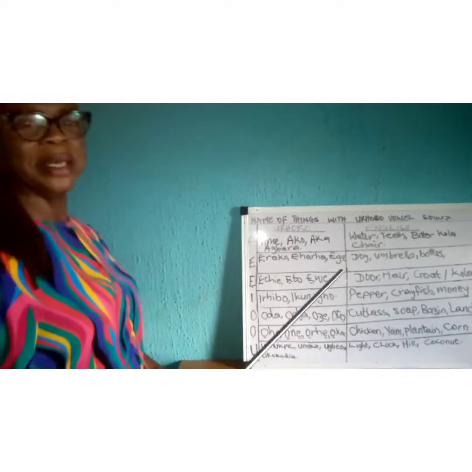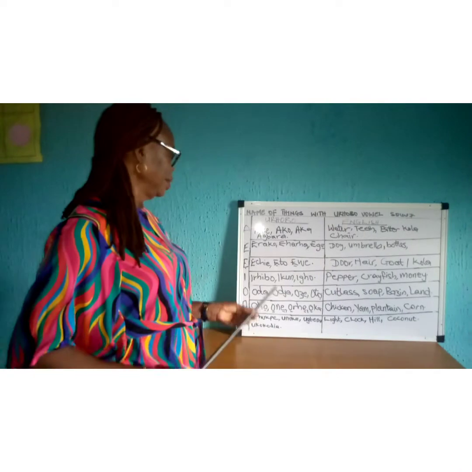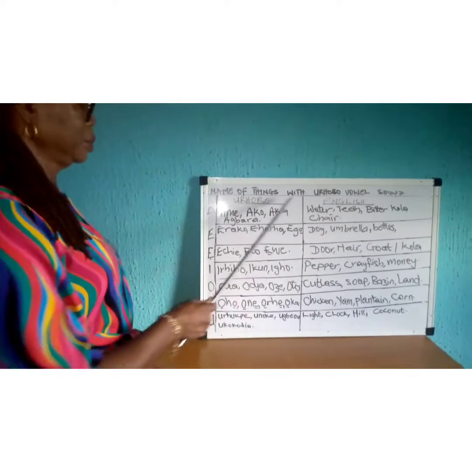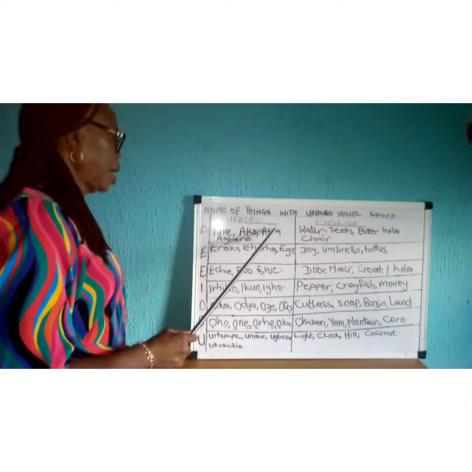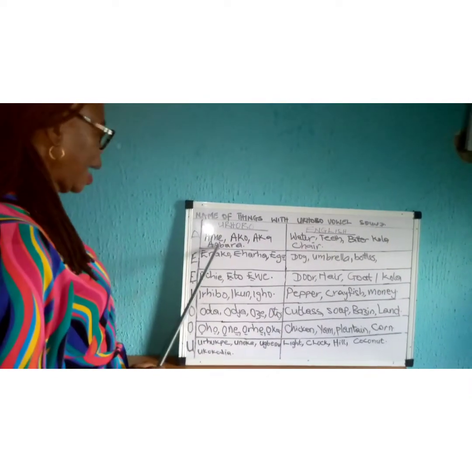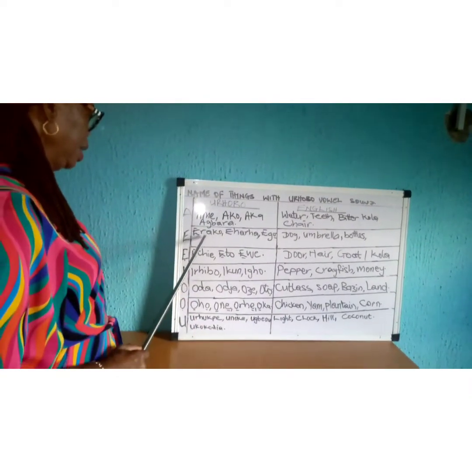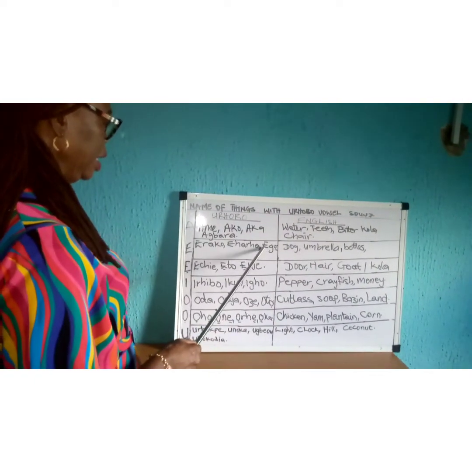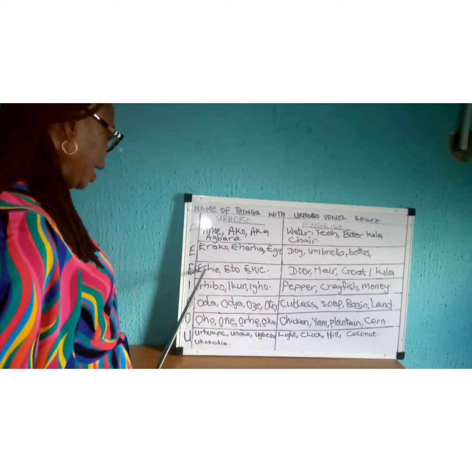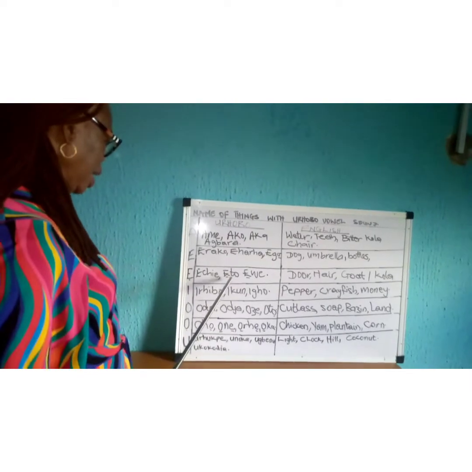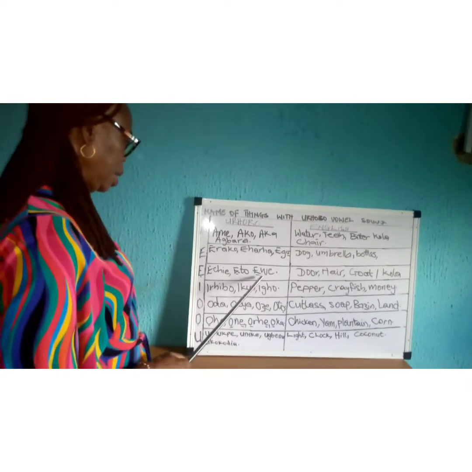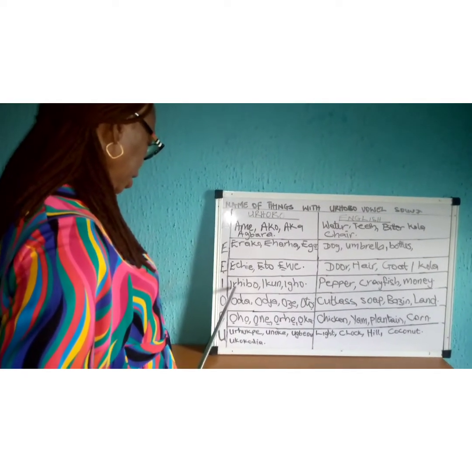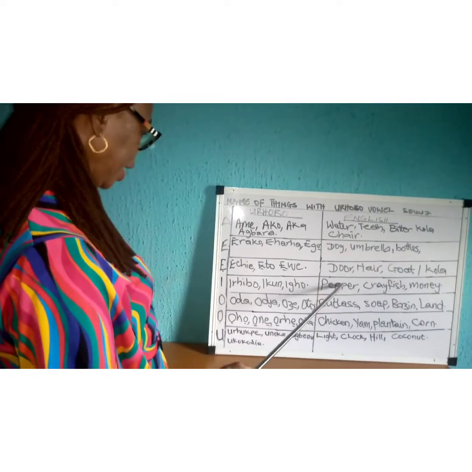I know you have been following me and the lesson has been very interesting. Let's just run through it again. Àmì, water. Ako, teeth. Aka, bitter kola. Agbára, chair. Erako, dog. Ehara, umbrella. Ego, bottles. Eche, door. Eto, hair. Ere, goat. Iribo, pepper.